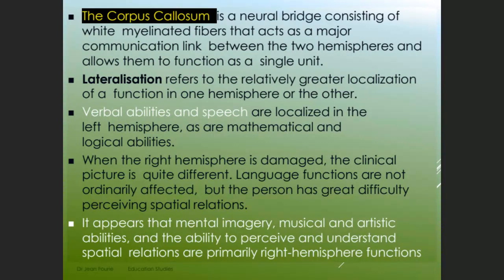So it appears that in the right hemisphere, there is our mental imagery, musical and artistic abilities, and the ability to perceive and understand spatial relations. These are all primarily right hemisphere functions. But the idea that you are either left-brained or right-brained is a neural myth.